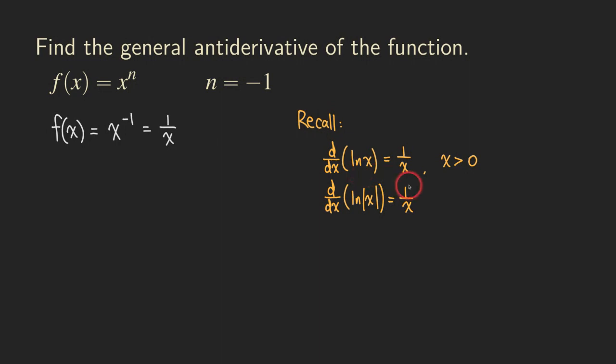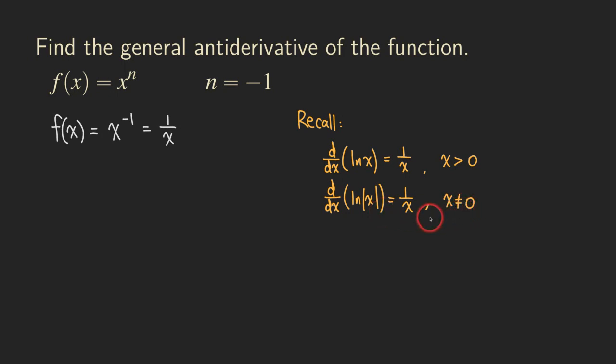So we get the same 1 over x, and we want to find the antiderivative of 1 over x. Which one do we pick here? Now, we should mention the domain for ln of absolute value of x. Because we are putting the absolute value around the x, we allow x to be a negative number, but we still cannot allow x to be 0, so we can have any x value except 0.